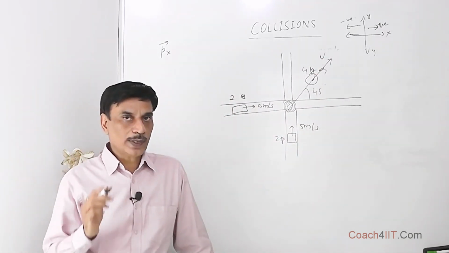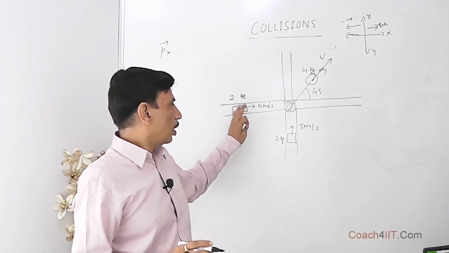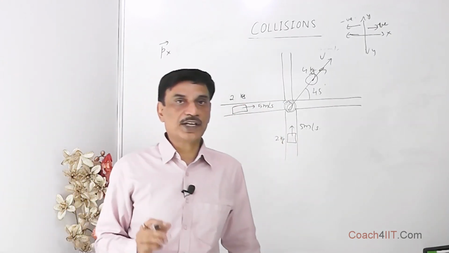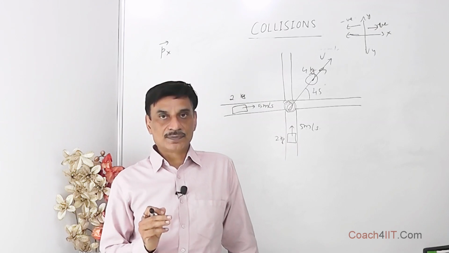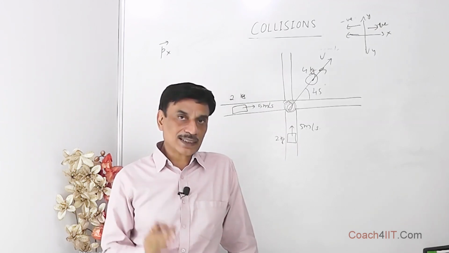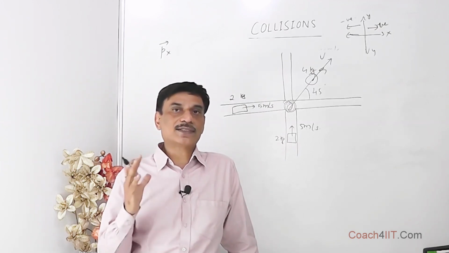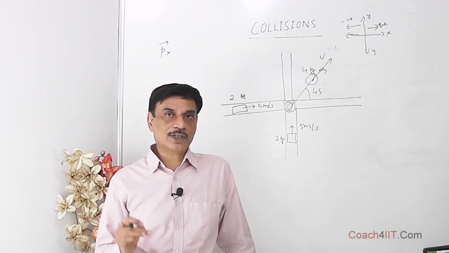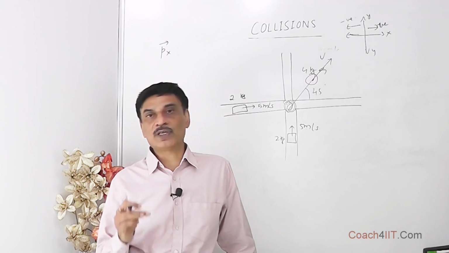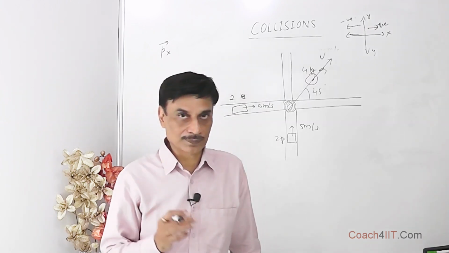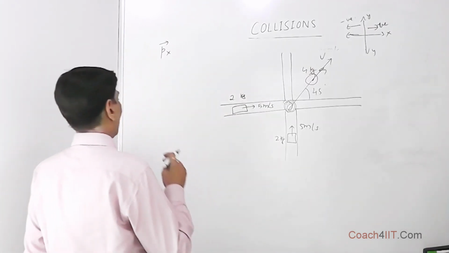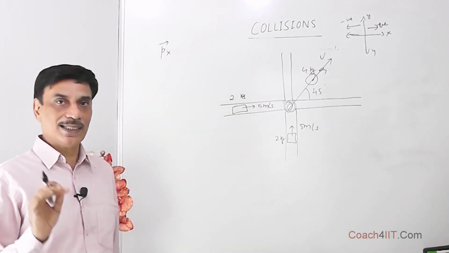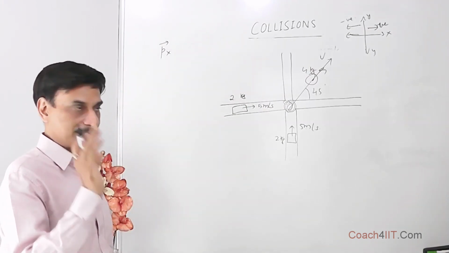There is no external force on the system of these two bodies, so their momentum is conserved along the x-axis as well as along the y-axis. So let's conserve momentum along both the axes.